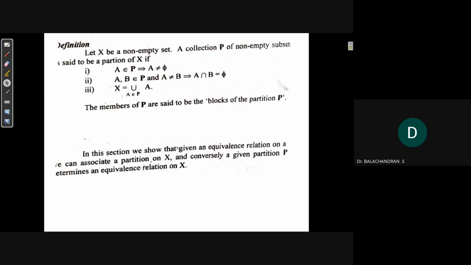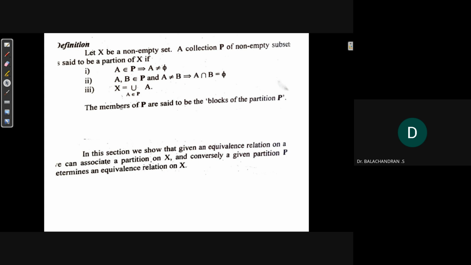In general, I don't know how many elements are in the partition P. So that's why the union of A, those elements A, I will take from P. A collection P of non-empty subsets is said to be a partition of X if it satisfies these three conditions.